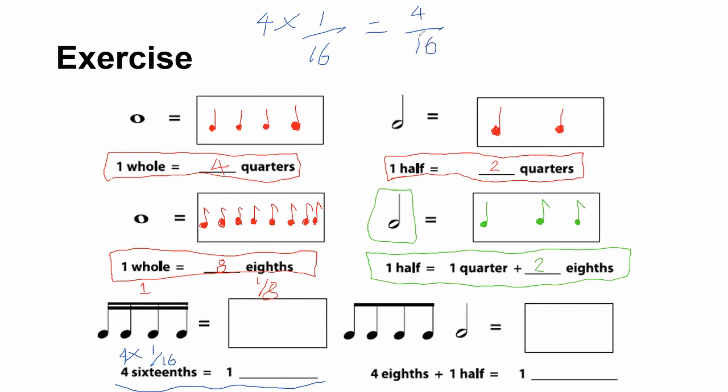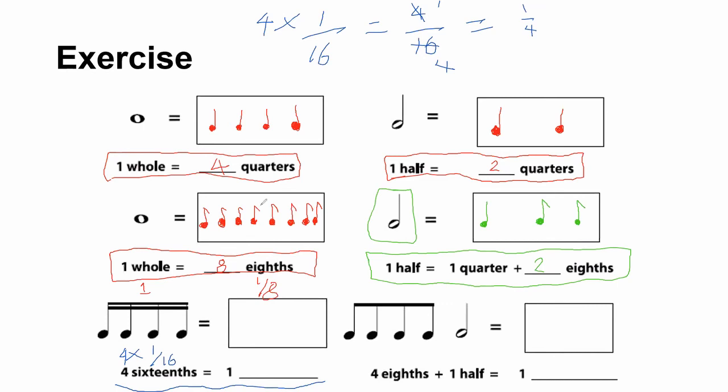If you reduce this to the lowest fraction, I think that's the correct term, I can't remember, 4 goes into 4 once and into 16 four times, and this is equal to 1 over 4. So 4 sixteenth notes is equal to 1 quarter.